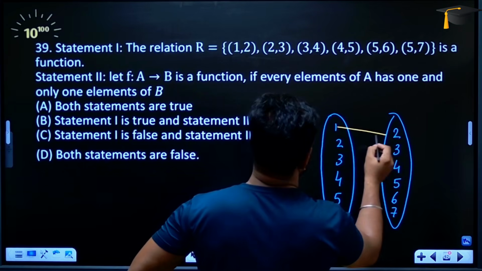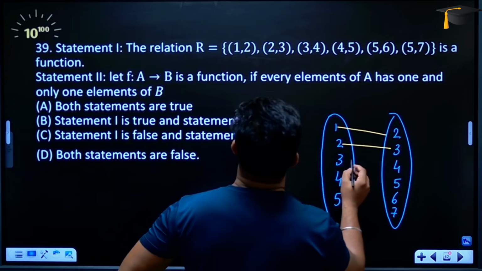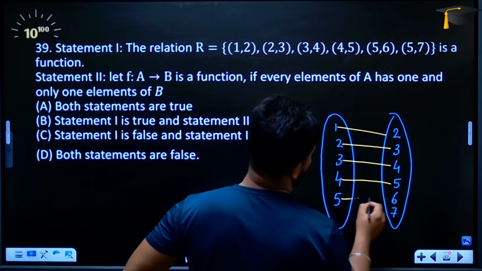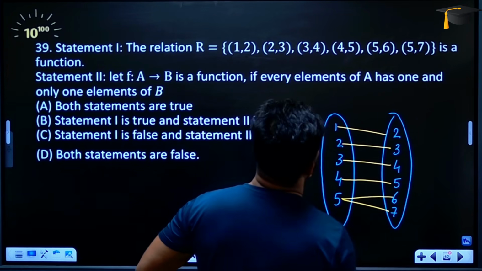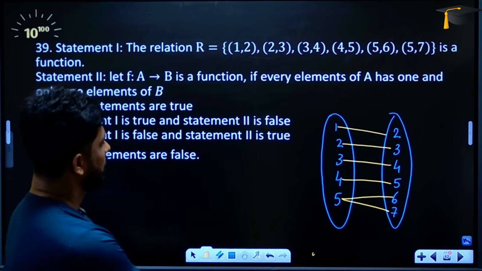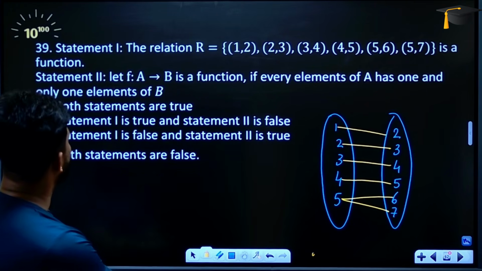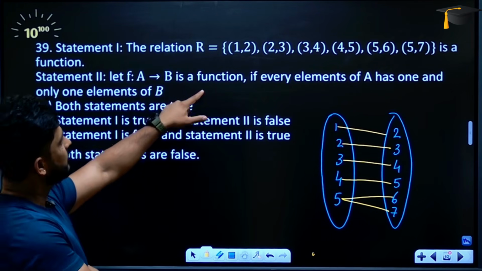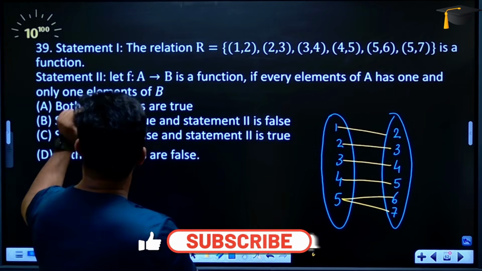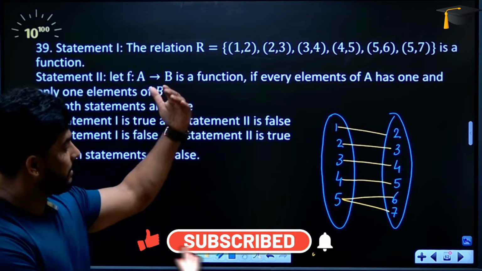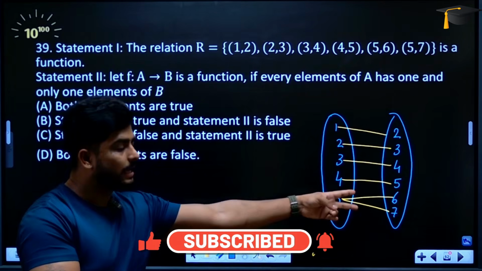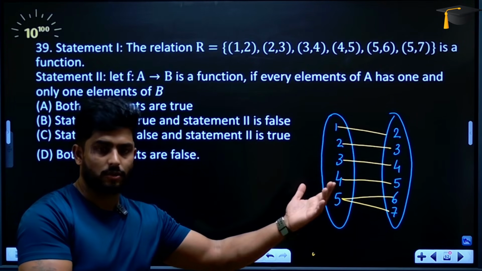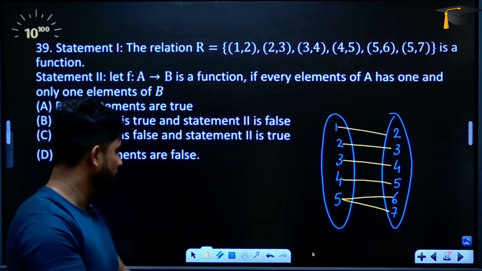They are saying it is a function, right? The statement is: f from A to B is a function if every element of A has one and only one element of B. In the input, the output must be one. So 1 input and 2 outputs is not possible.